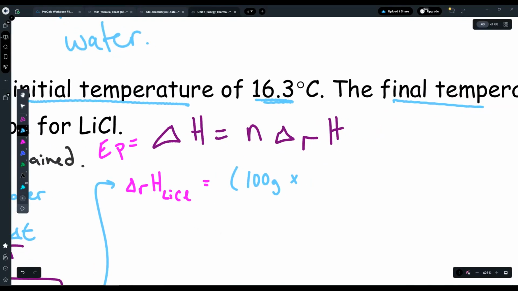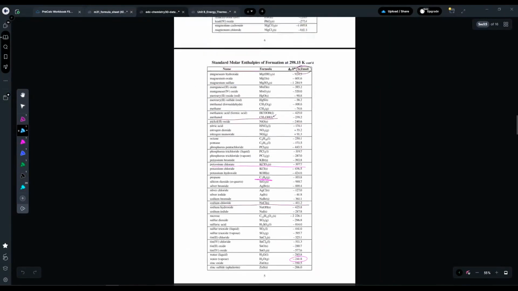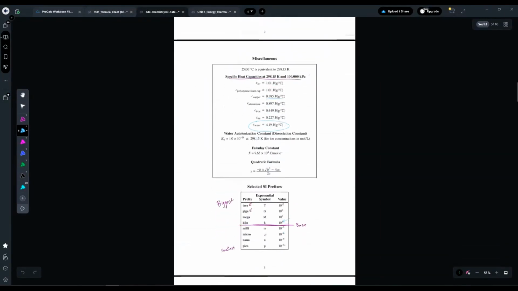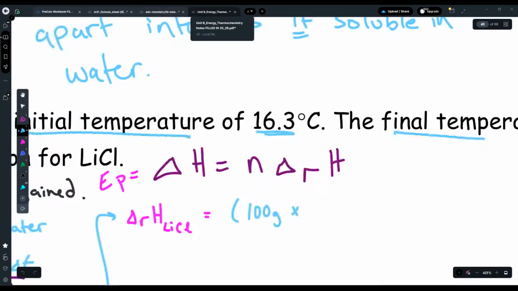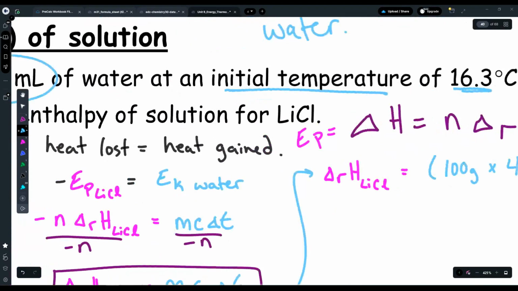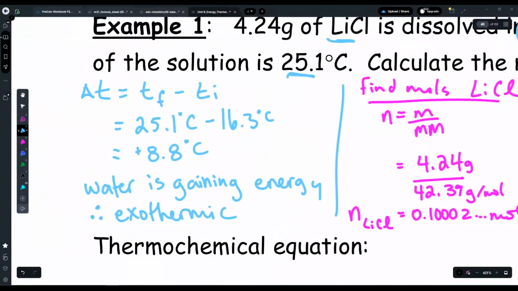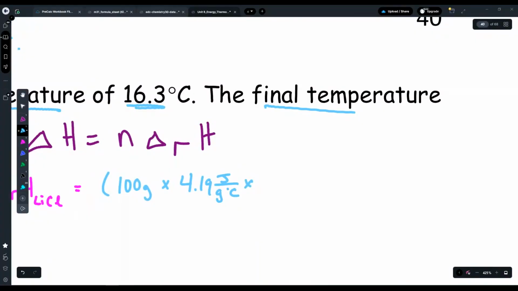Now the specific heat of water, if we look at our data booklet and go to page 3, is 4.19 joules per gram degree Celsius. And then our change in temperature for water was 8.8 degrees Celsius.